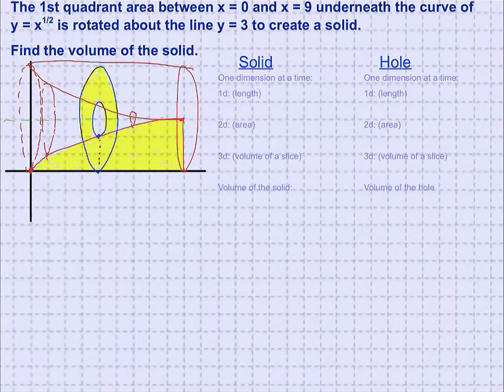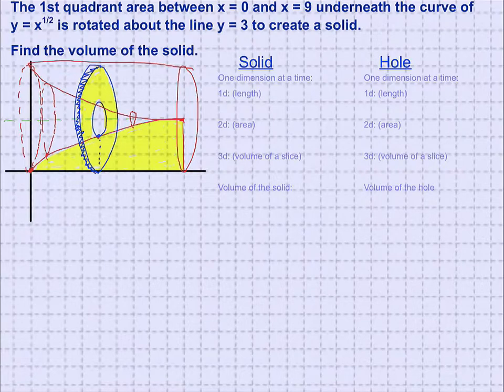Every step of the way, we've got this slice here, this slice right there, and if we just give it a little bit of thickness, it's now got volume. And if we imagine finding the volume of that coin with a hole in it, and then adding up all the other volumes of the coins, we'll get the volume of the whole shape. So we're going to do the same one-dimensional analysis, one dimension at a time, as we did last time.